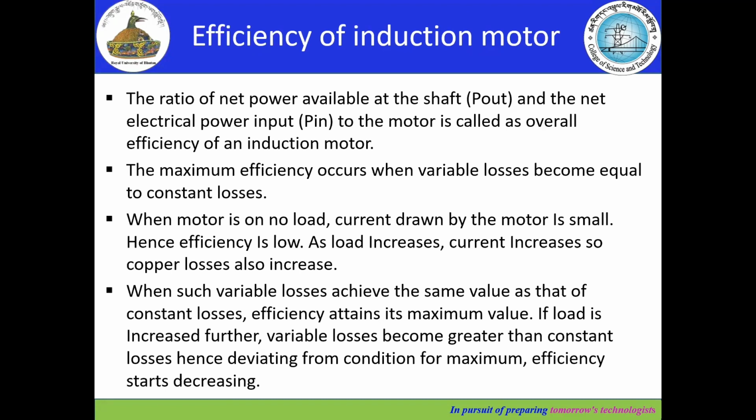As load increases, current increases, so copper losses also increase. When such variable losses achieve the same value as that of constant losses, efficiency attains its maximum value. If load increases further, variable losses become greater than the constant losses, hence deviating from the condition for maximum efficiency.